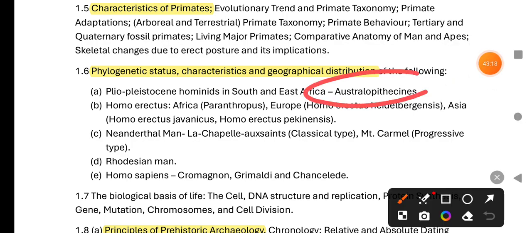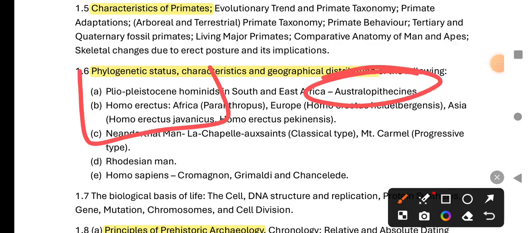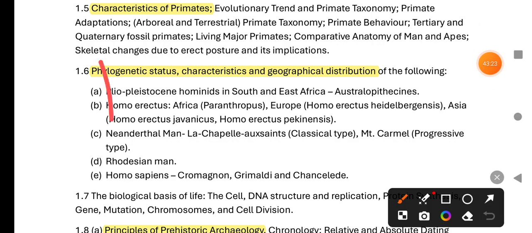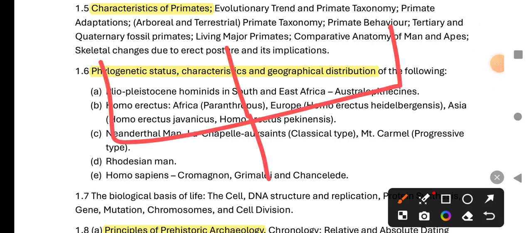We will study Australopithecus in a two-line ancestor species and a three-line ancestor species: Australopithecus afarensis, Australopithecus robustus, and boisei. Australopithecus ramidus is here, then Australopithecus alamensis, and the robustus and boisei part is here.